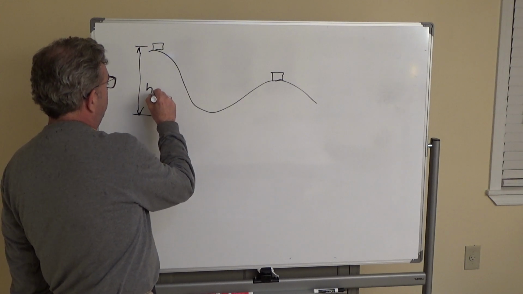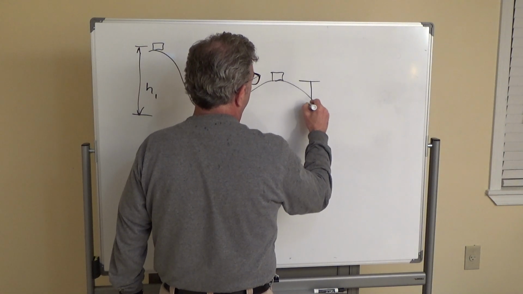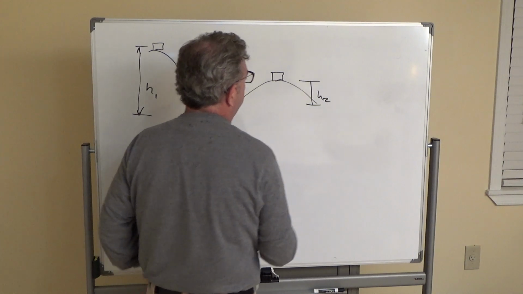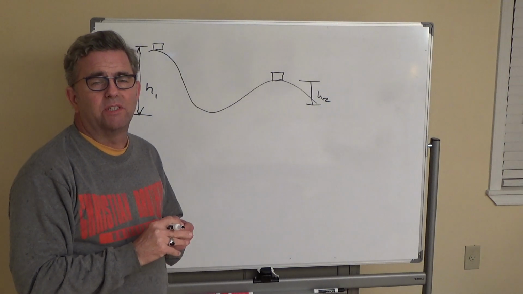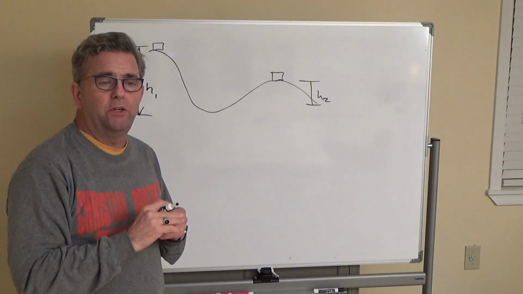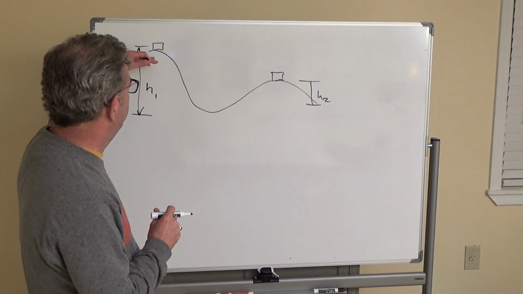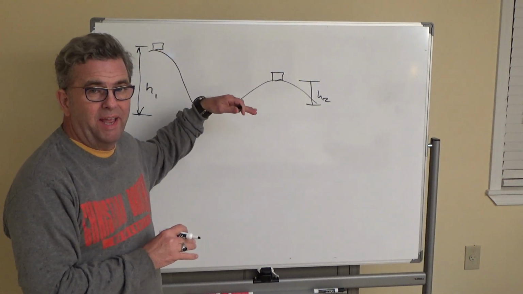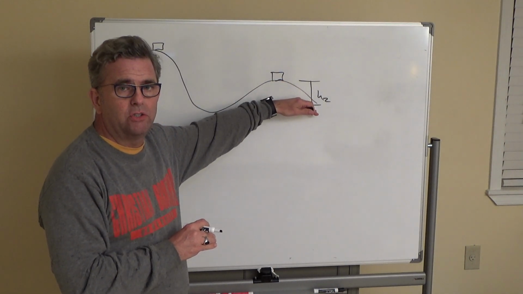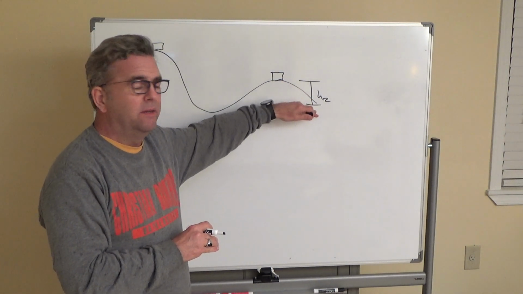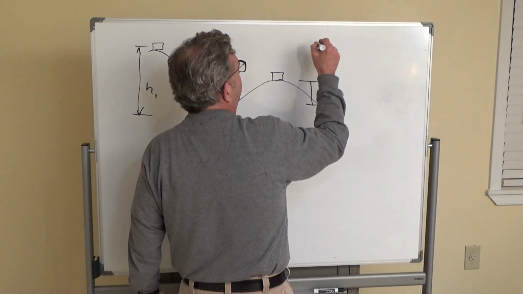Here's H1, here's H2. Okay, so if you look at that difference in height, then that'll tell you the change in the potential energy, because the change in potential energy is mg delta H. That's going to be mg (H1 minus H2). Okay. Once you have that, then you do the same thing that we've been doing.